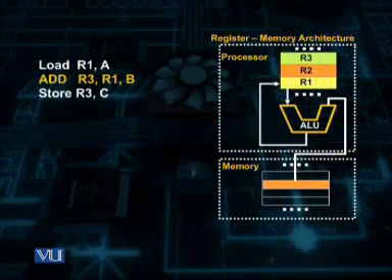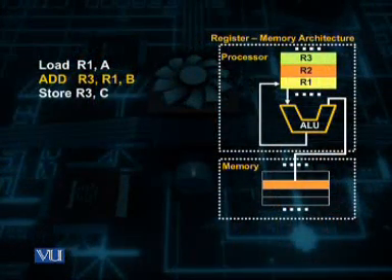This means that in this particular case, the memory is not accessed or used. Whereas the second mode of operation is the register memory operation. The register memory operation is one where one of the operands is assumed to be in a register and the other operand is assumed to be in the memory.